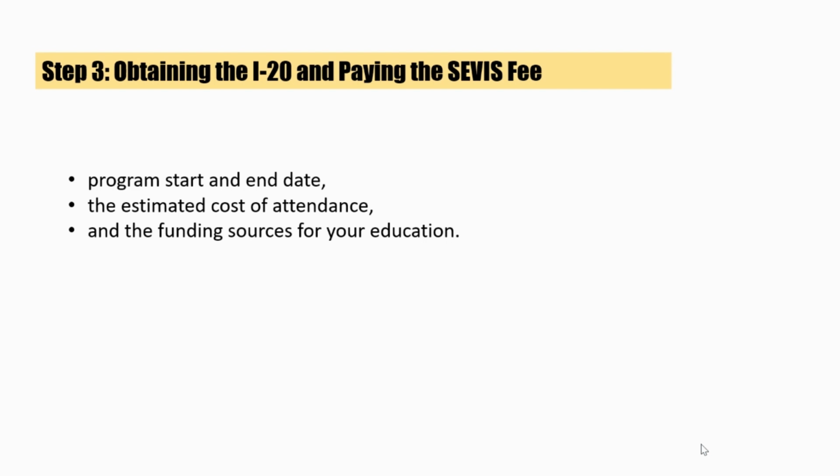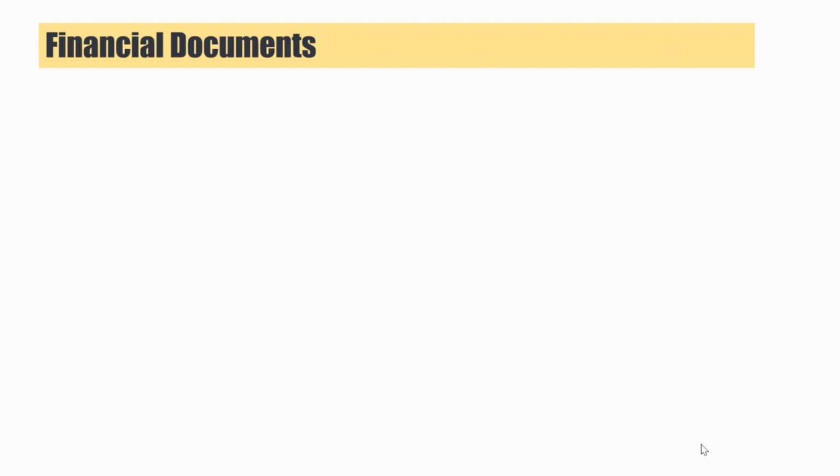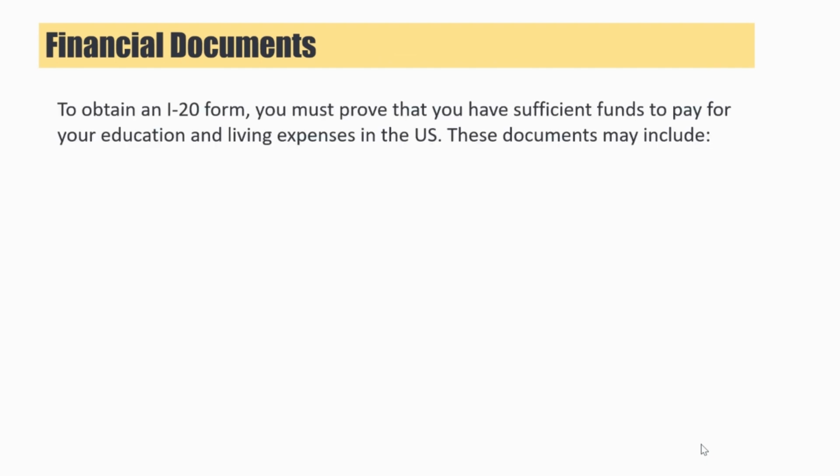So again, since it contains the information about your funding source, you need to provide to the new university the funds available to you. So send that document to the university, and then they will prepare the I-20 form. So now let's talk about it more. As I have said, to obtain the I-20 form, you need to provide the university with your financial documents. So what are the financial documents that we're talking about?